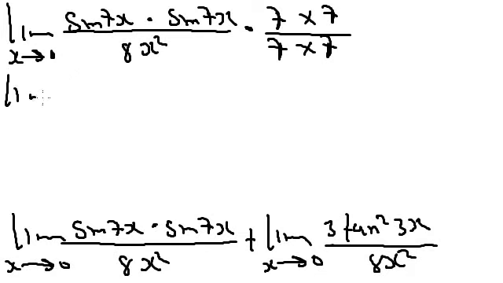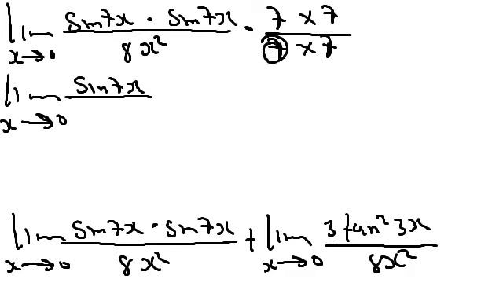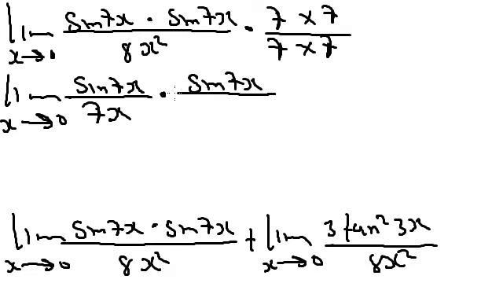That's why we are multiplying by 7 times 7. So we have the limit as x approaches 0 of sine 7x, divided by, I will take one 7 and one x from the x squared, so we have 7x. Then this is multiplied by sine 7x divided by the other 7 and the other x, so we have 7x.